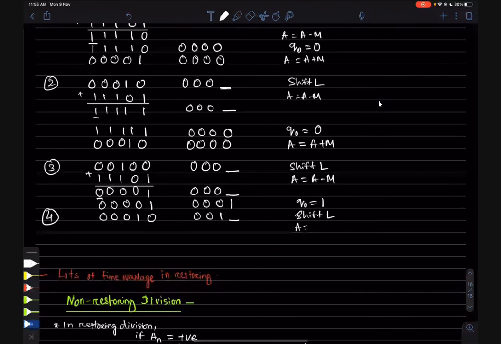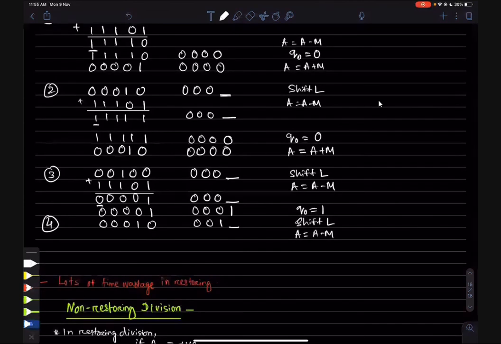Then the a is equal to a minus m operation. So minus m is 1 1 1 0 1. This is the minus operation. The output is 1 1 1 1 1, and this is 0 0 1 and blank. The a is equal to a minus m operation is over. We see the a n bit is negative here because this last bit is 1.